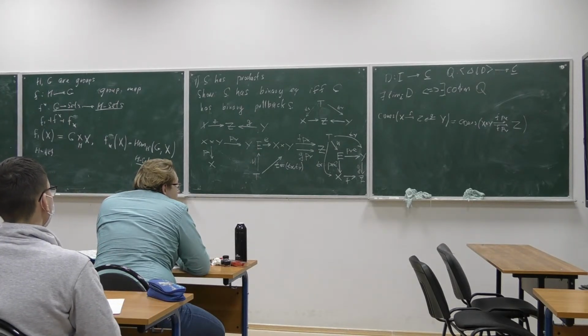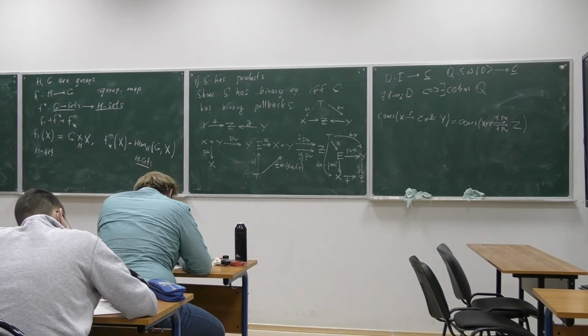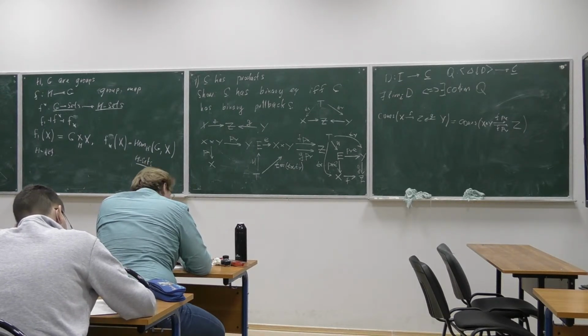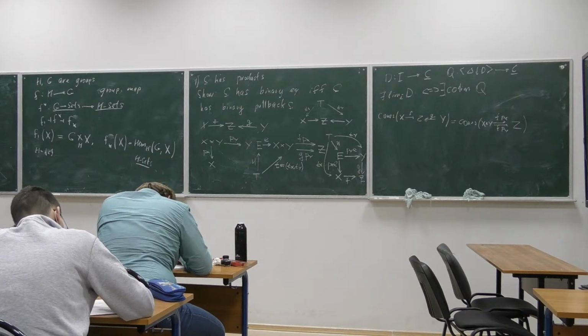If you just apply the definition of a cone to the left-hand side and right-hand side, you get exactly the same data. And if the cones are the same, they have terminal objects at the same time.